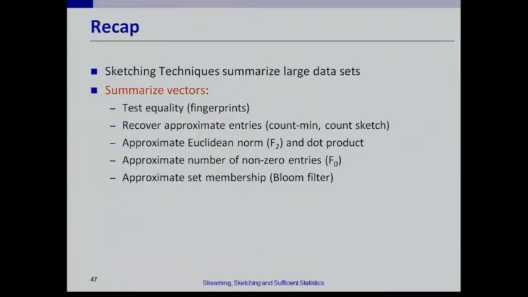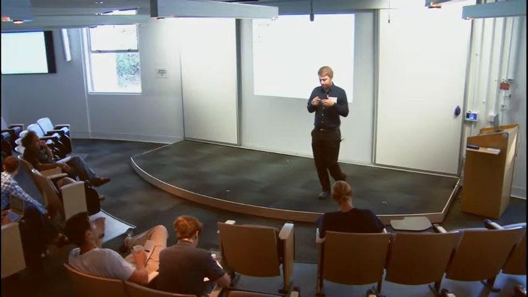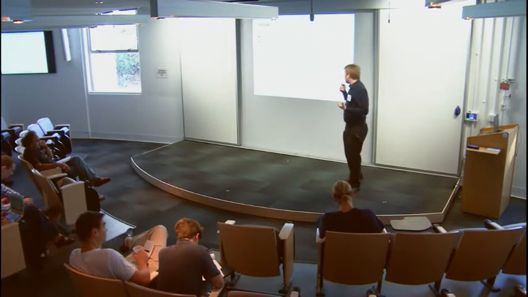In part one, yesterday, we saw a bunch of techniques based on this idea of sketching large amounts of data. Primarily, yesterday, we looked at data represented by a large vector.